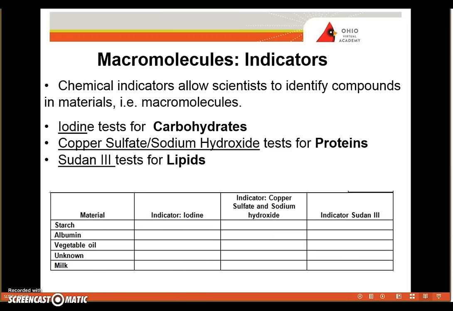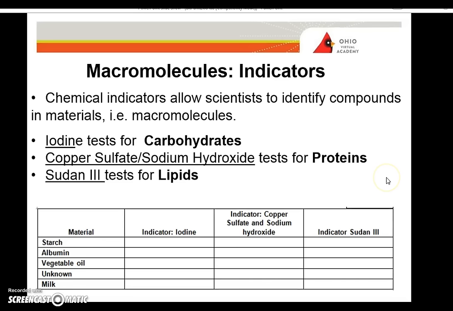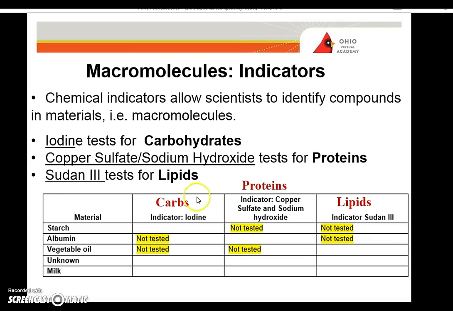Now here's your lab report, and I'm going to walk you through that. This is what I'm suggesting. I'd like to put little indicators to say, well, what does iodine indicate? The presence of carbohydrates. What does copper sulfate and sodium hydroxide indicate? Proteins. What does Sudan 3 indicate? Lipids. So you have as much information as you can.